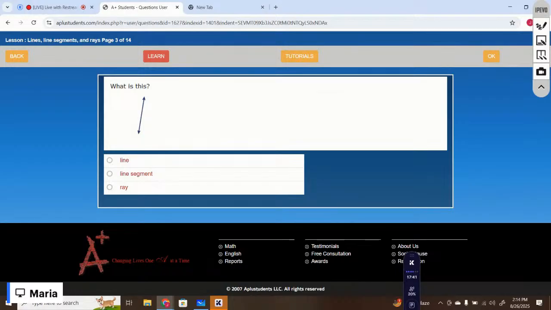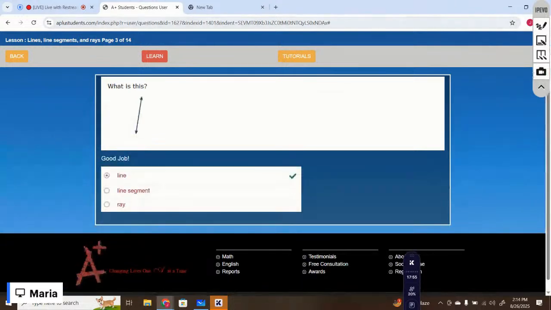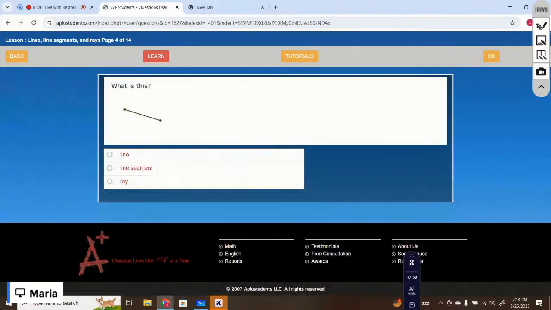What is this? Line, segment, or ray? This is the line because it never ends. So option number one is the correct option. What is this? Line, segment, or ray?